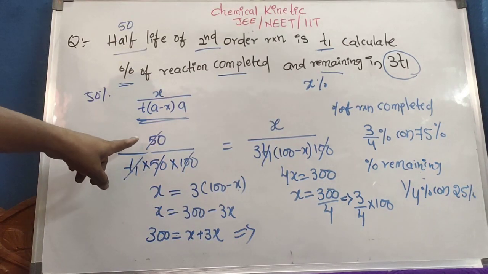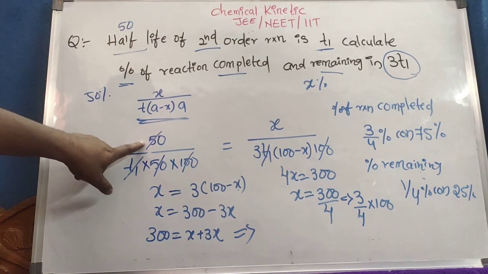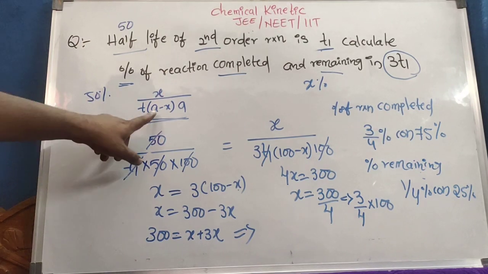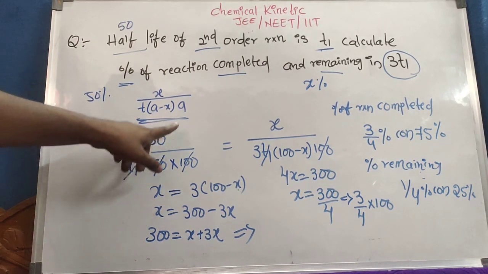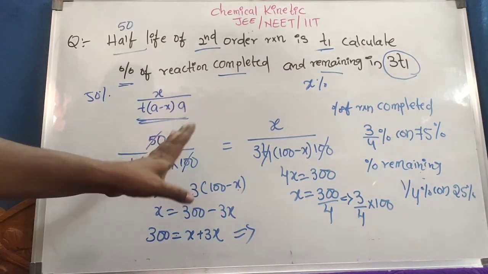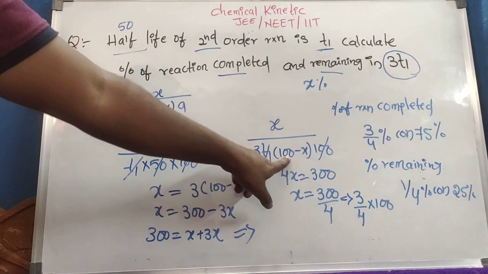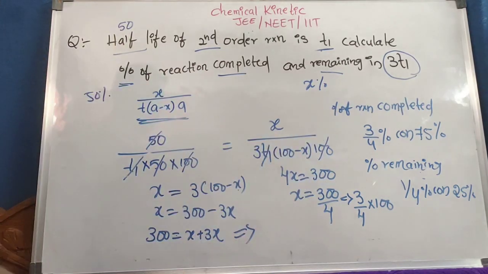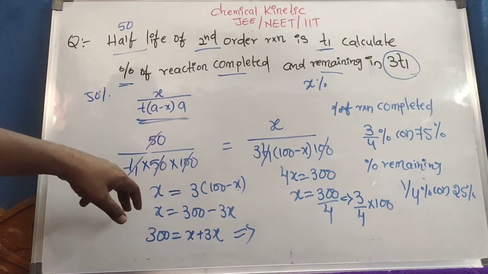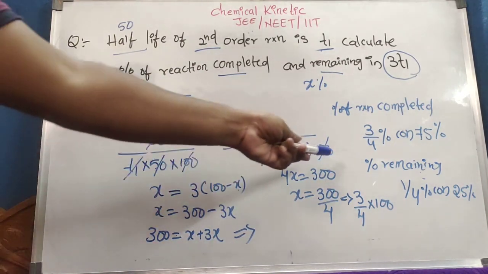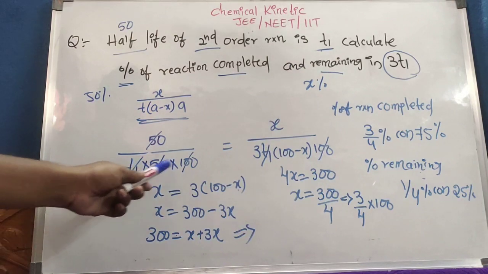So here it is the half-life, which means 50%. So 50 by T1, and 100 minus X equals 50, and a equals 100, the initial concentration. So X by 3T1 into (100 minus X) into 100. The 50 gets cancelled, the 100s get cancelled, and T1 gets cancelled.